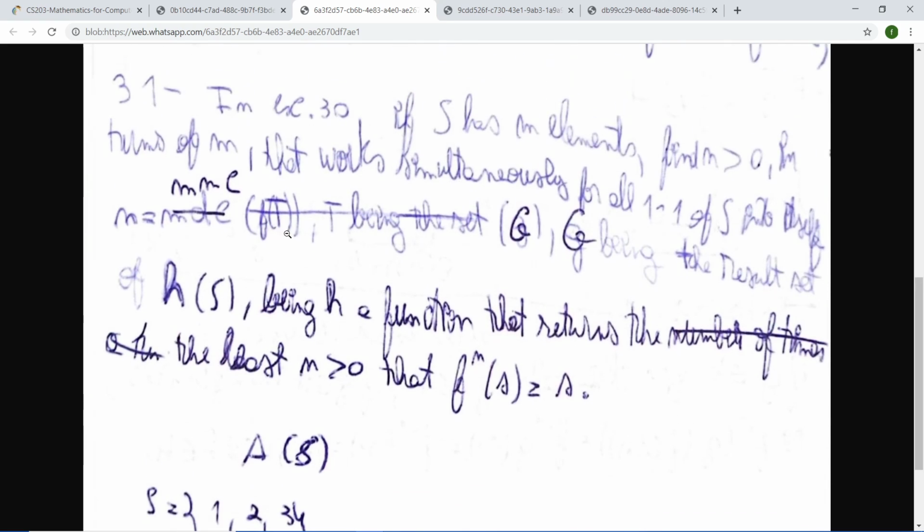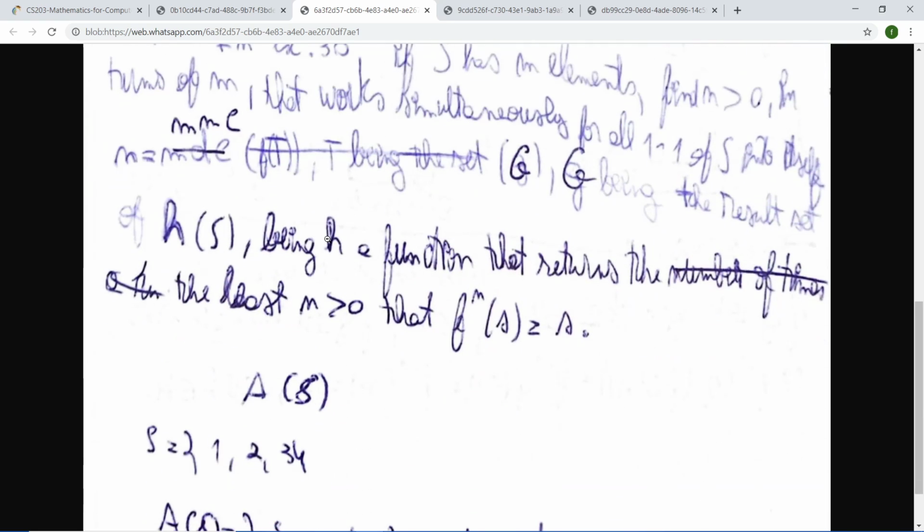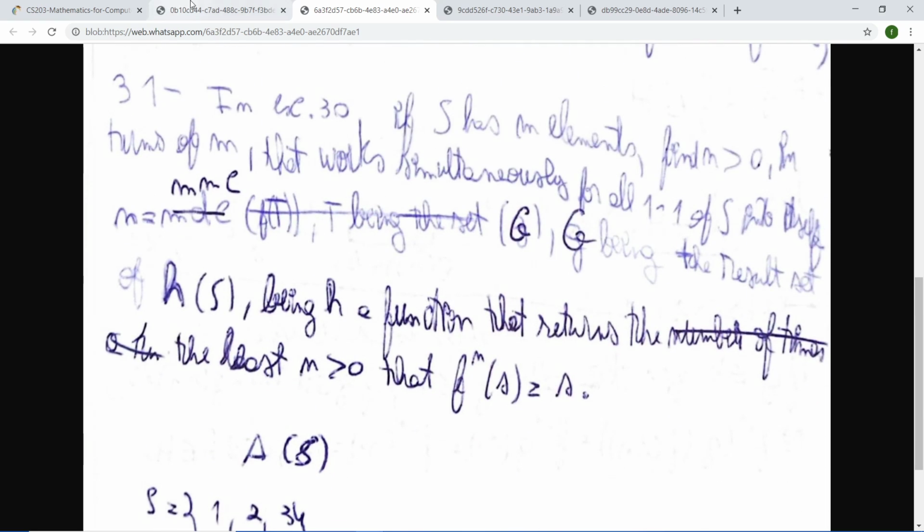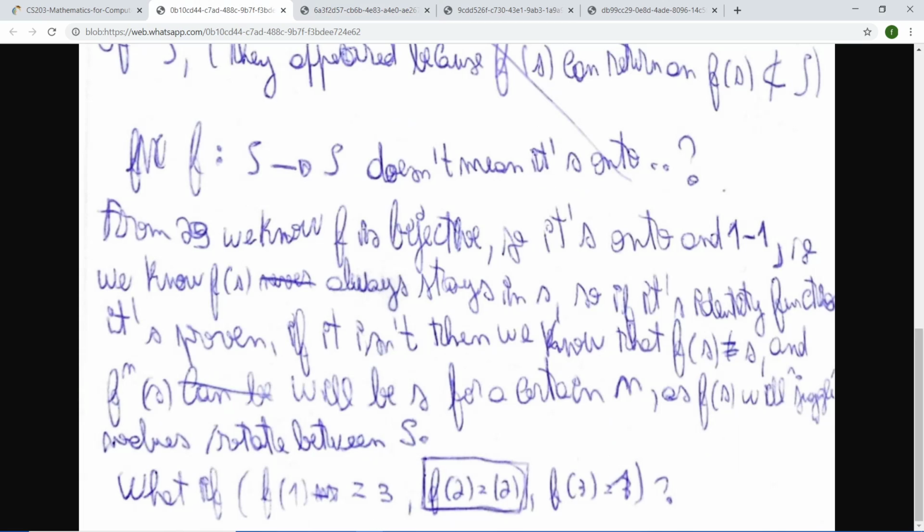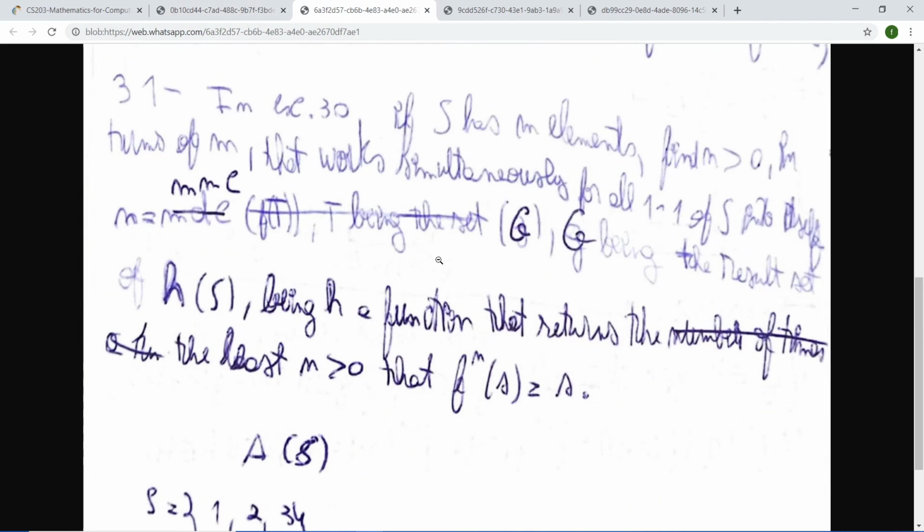Yeah, I thought. So for example, if you have this function, well, in this case, the identity, it will always take n equal 1. And in this case, it will always take n equal 2. So we can't do n equal 1 and 2 at the same time.